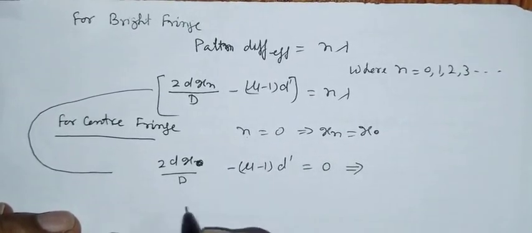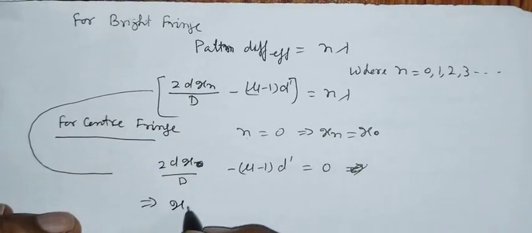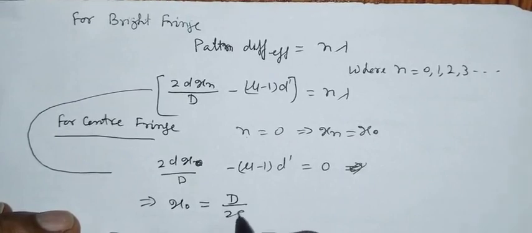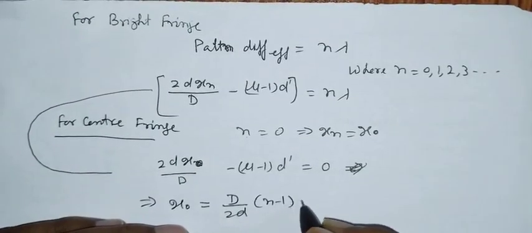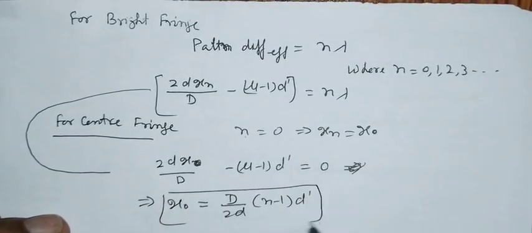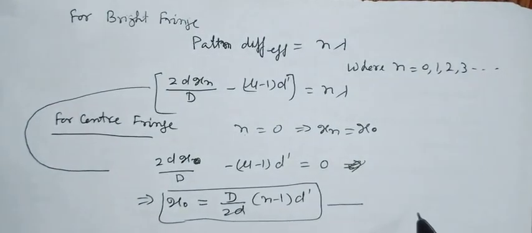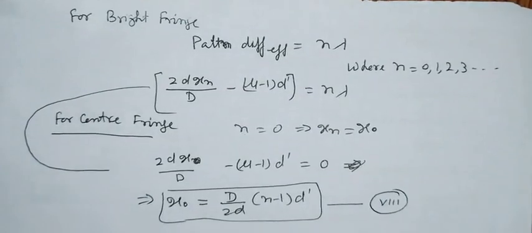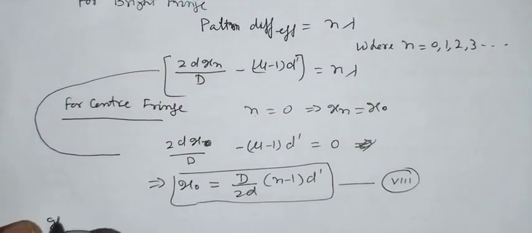So x0 is equal to capital D by 2d, (mu minus 1) into d dash. Let this be equation number 8.